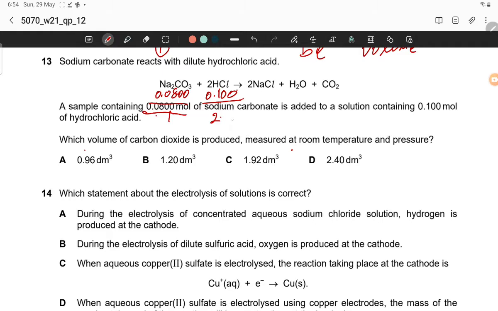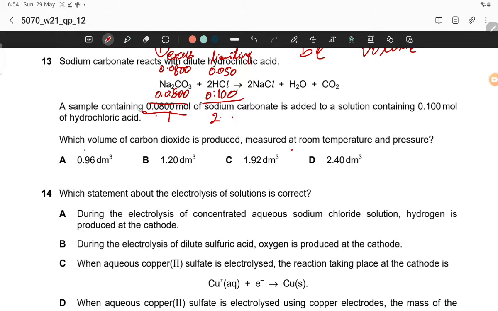Compare 0.05 with 0.0800. So sodium carbonate will be in excess, and HCl is the limiting reactant. This is limiting and this is excess.